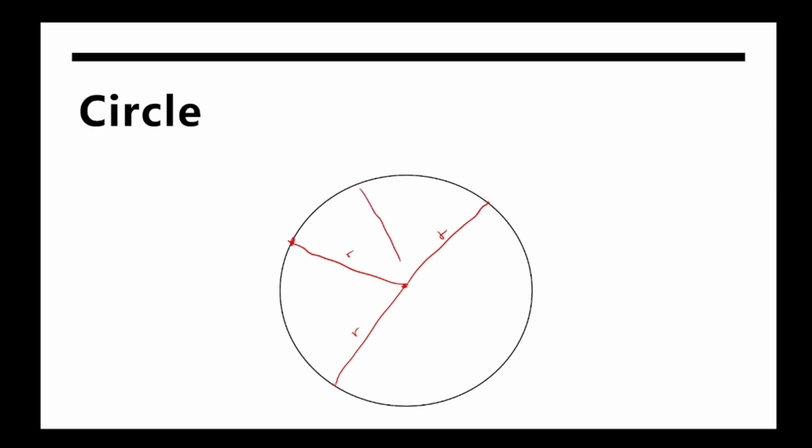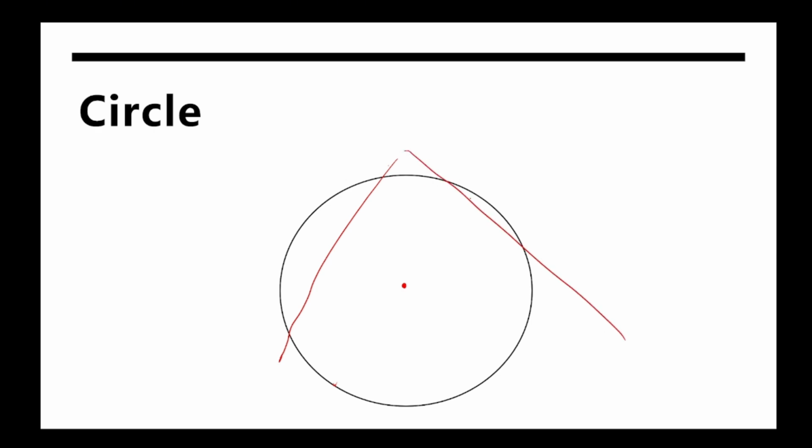And the distance passing through the center onto 2 points on the circumference is the diameter, d. We know that the area is pi r squared and the circumference is 2 pi r. And this is a chord. A chord is just cutting the circumference. This is a chord, this is also a chord.